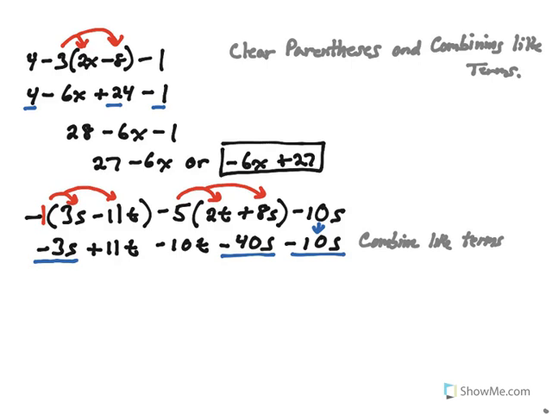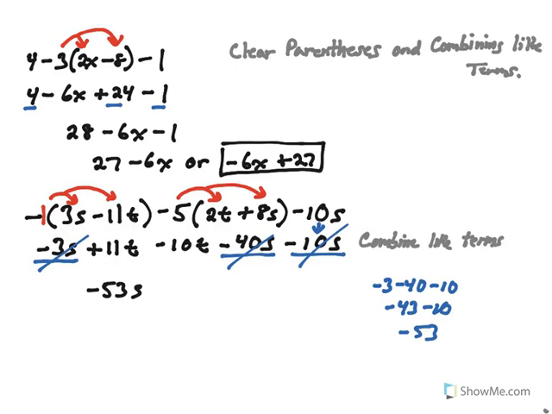So if we do that off to the side, just so you know, if you have negative 3 and you're taking away 40 and you're taking away 10 more. Negative 3 take away 40 is minus 43. Minus 10 more is minus 53. So we're going to write that as minus 53s. And if it helps, you can cancel the ones we've combined.